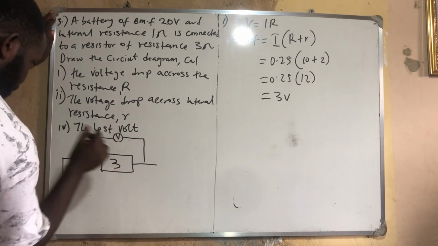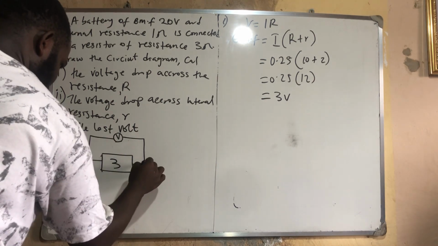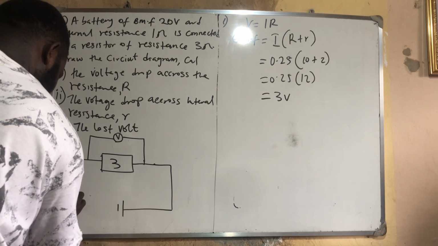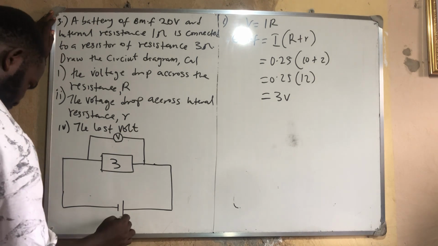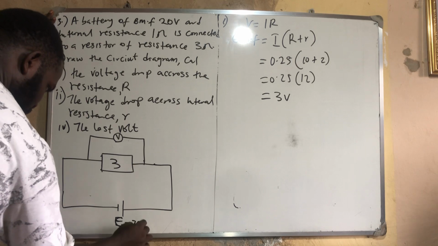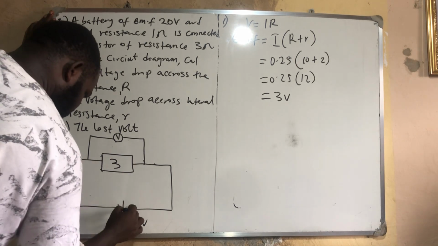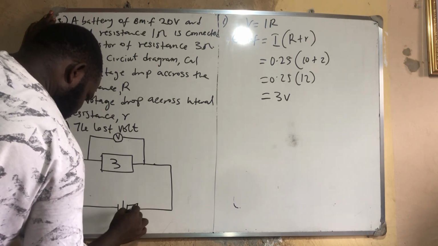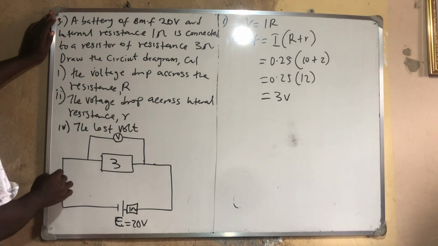Okay, sorry, the volt is in the battery. So I have that it is like this, and then my cell. This is my cell, and in my cell I have that my EMF is equal to the 20 volts. Okay, and I have an internal resistor. Don't forget there's an internal resistor that is here, 1 ohm. This is the internal resistor, and I have that my current is flowing here.